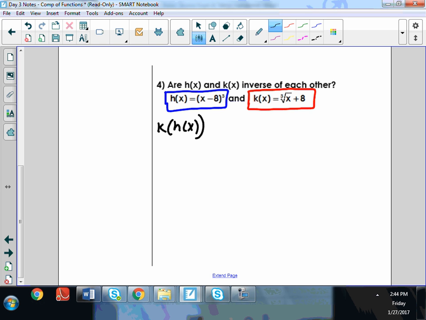You can do this even though we haven't studied cubics. That's our next unit. So I'm just going to replace h of x with my x minus 8 cubed. So that's this part. And then around it, I'm going to put my third root and then a plus 8 on the end.